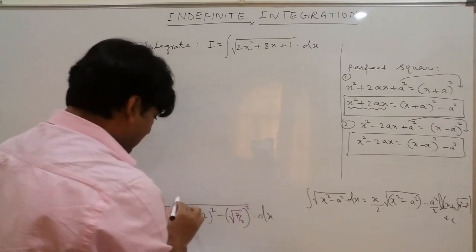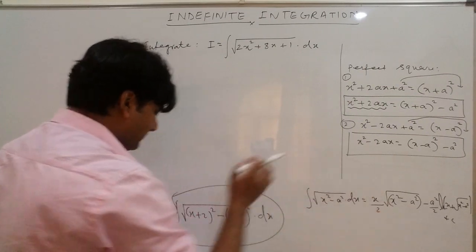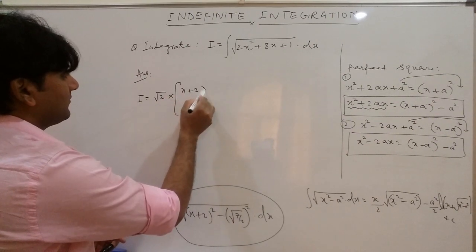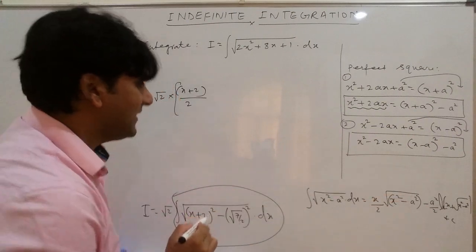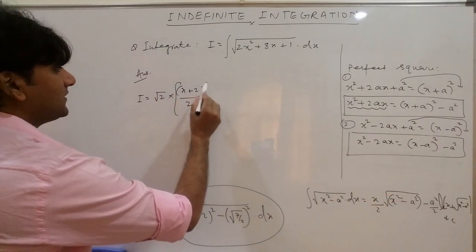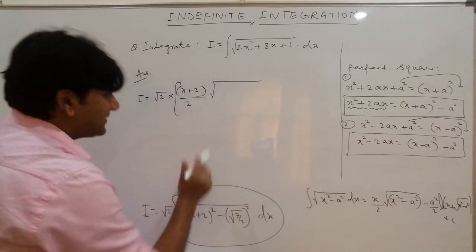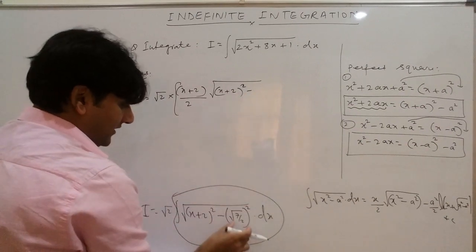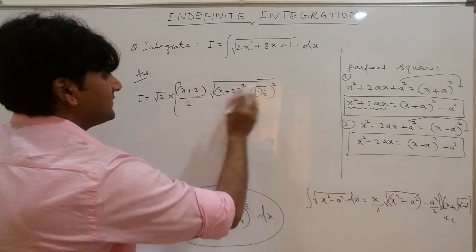Now, integration of this part is x over 2, meaning x plus 2 over 2, root x square minus a square. So x is what? X plus 2. So x plus 2 whole square minus a square. A is root 7 over 2 whole square, right?